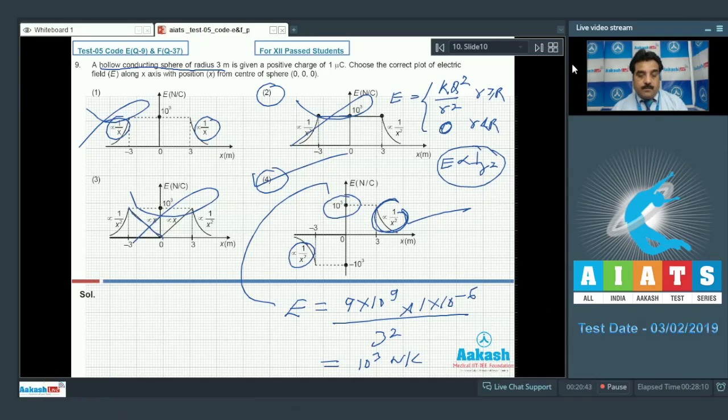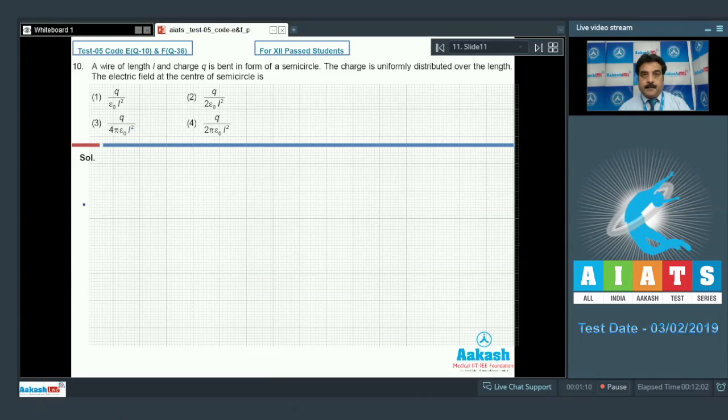Let's move on. Question number 10. A wire of length L and charge Q is bent in the form of a semicircle. The charge is uniformly distributed over the length. Find the electric field at the center of the semicircle. We know that the electric field at the center of a semicircle is given by E equals lambda upon 2 pi epsilon naught R. We all know this.